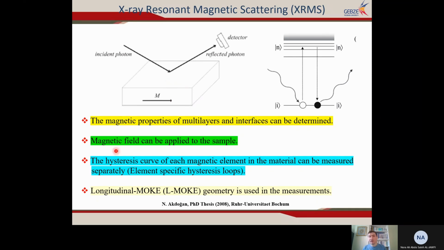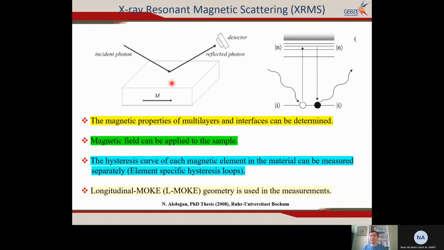In addition to that, of course, you can apply a magnetic field to the sample in the film plane during this type of measurement. And one of the main advantages of this method is that you can measure the hysteresis curves of each magnetic element within the material.